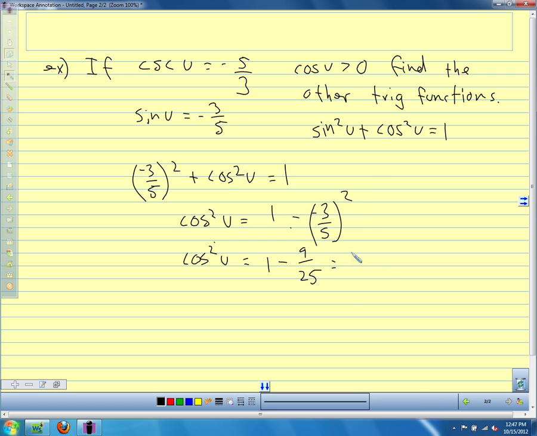Find a common denominator here. This is 25/25 minus 9/25. So cosine squared u equals 16/25. Take the square root of both sides, and the cosine of u equals 4/5.